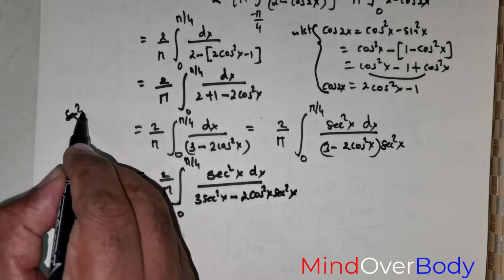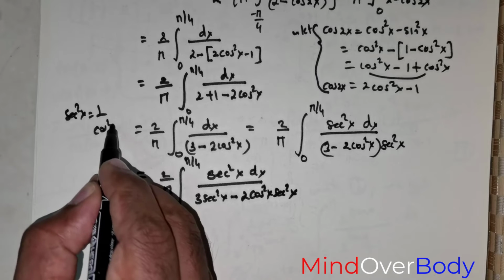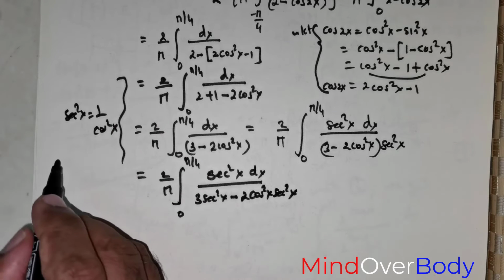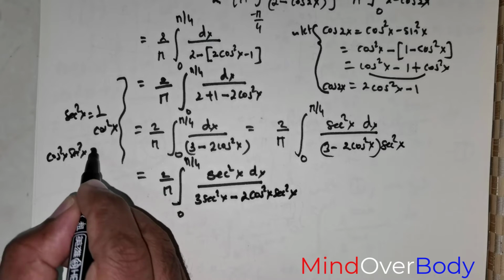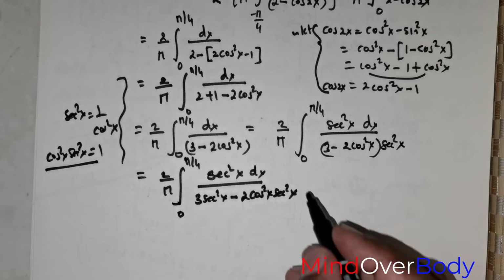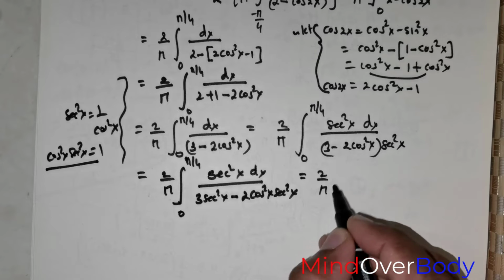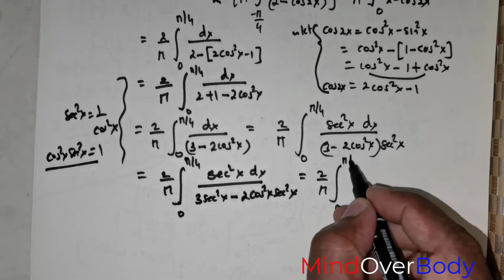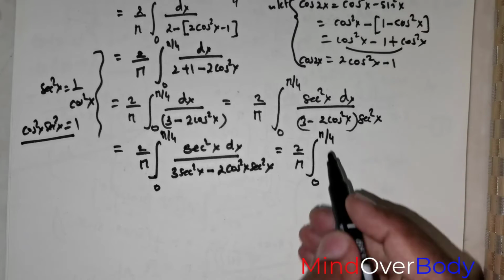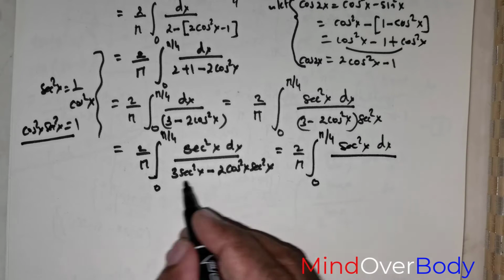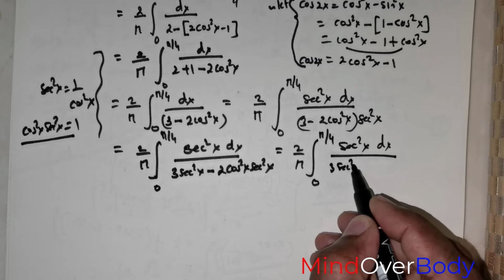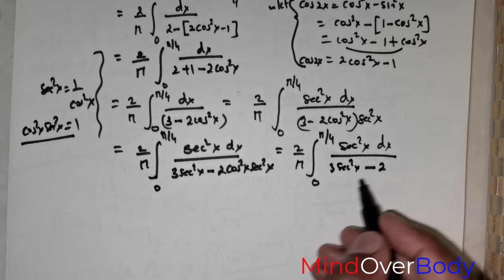Now we know that secant squared x is 1 over cos squared x, so cos squared x times secant squared x is equal to 1. So this is equal to 2 over pi, the integral from 0 to pi over 4 of secant squared x dx divided by 3 times secant squared x minus 2.